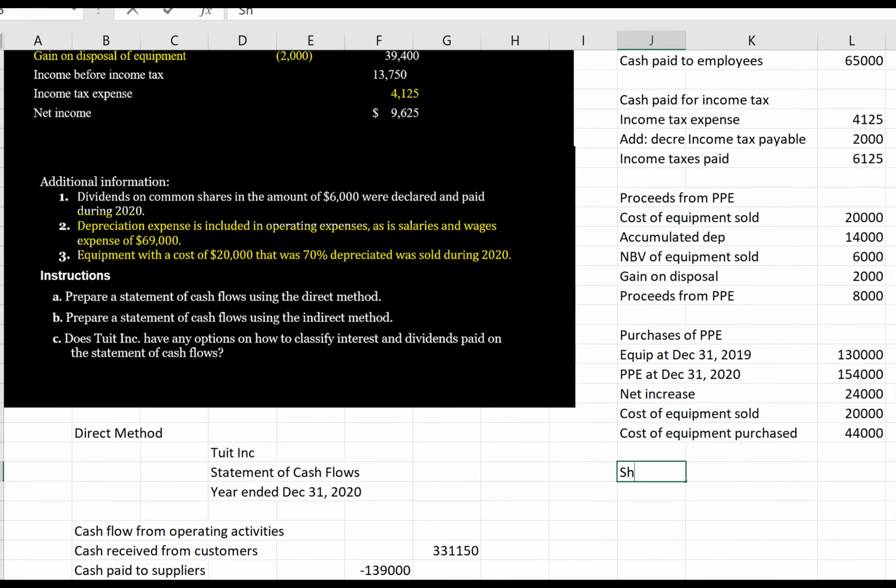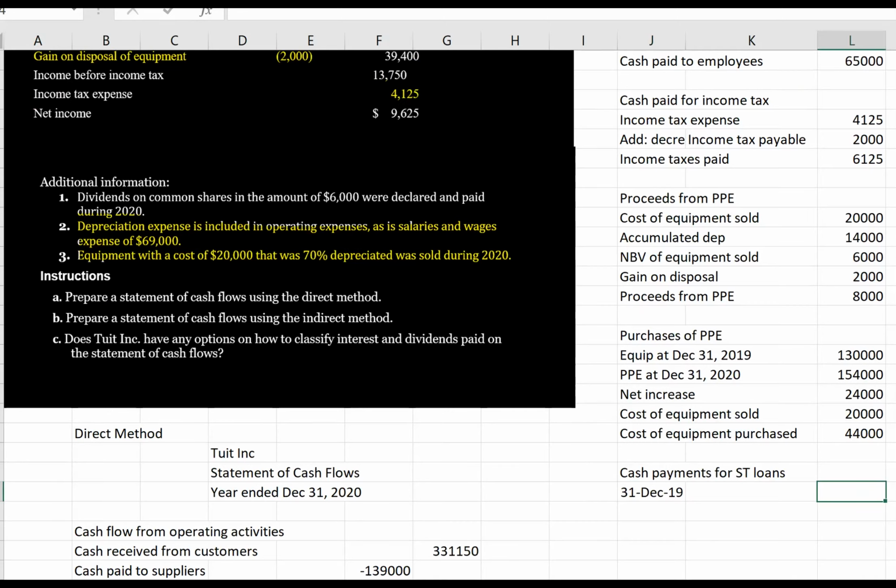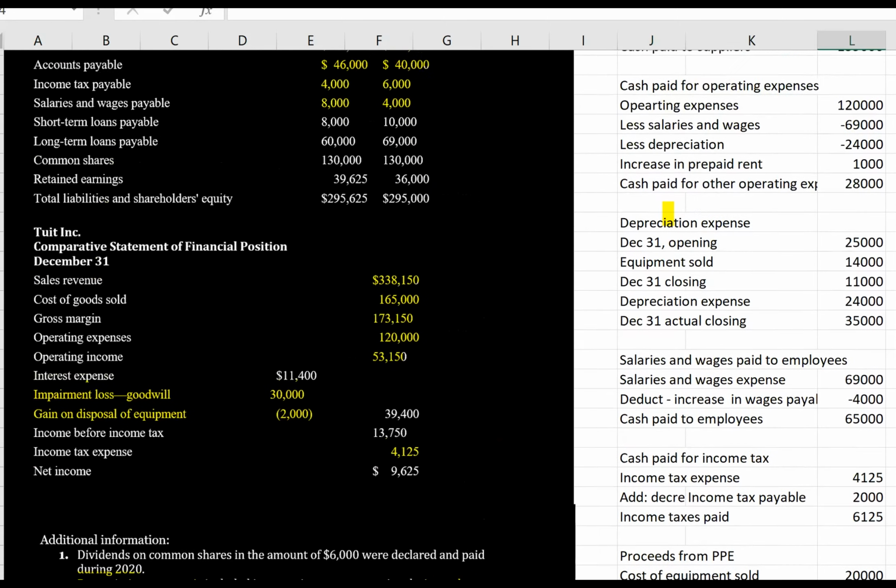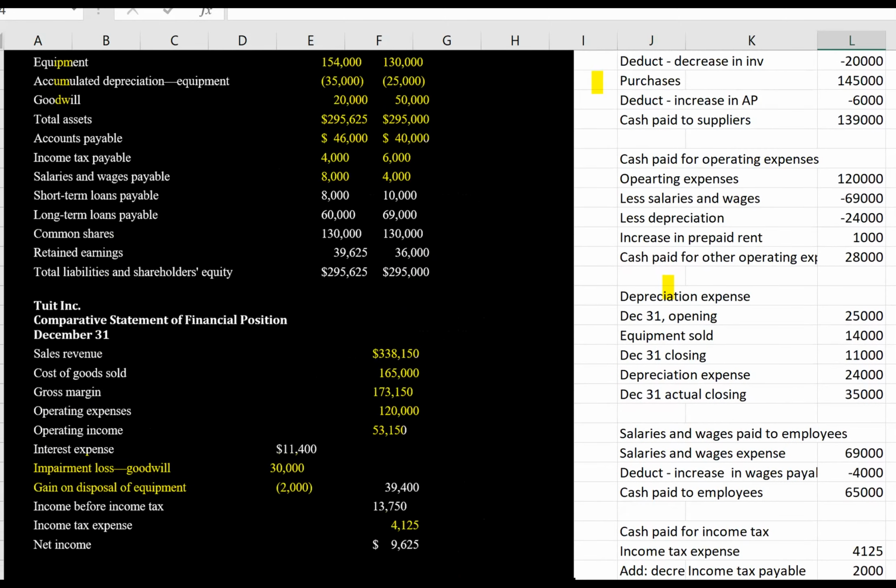So let's go short-term loans payable. Or it should really say cash payments for short-term loans. So we had our December 31st, 2019 opening, which was 10,000.